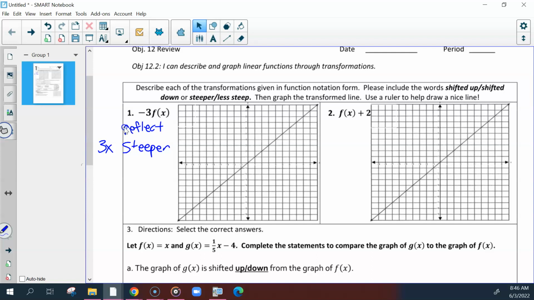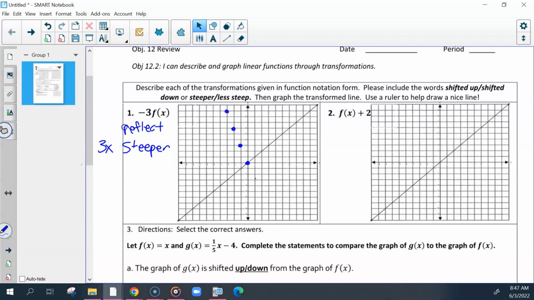And then to graph it, the y-intercept has not changed because there wasn't a plus or minus on the outside, so that would start at the same place.